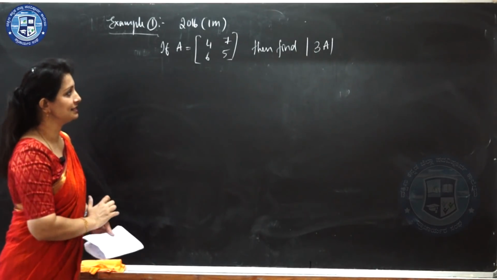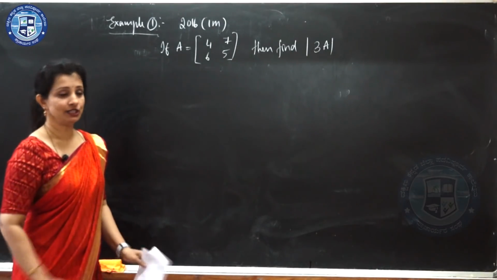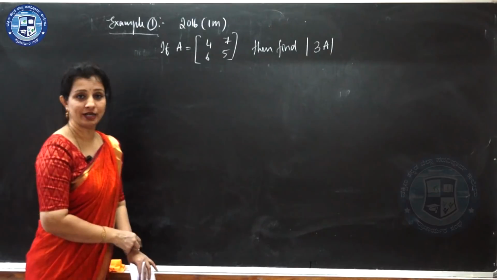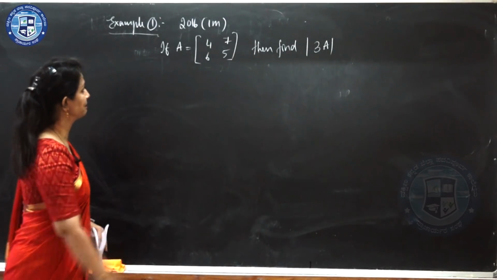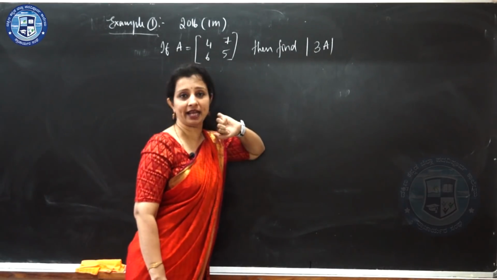As you know, from this determinant, 1 mark, 2 marks, 4 marks and 5 marks questions are usually asked for the board exam. So, if matrix A is given, we have to find the determinant of 3A.